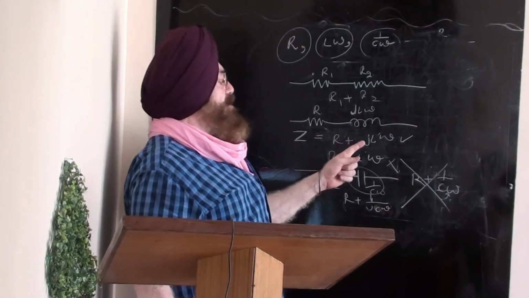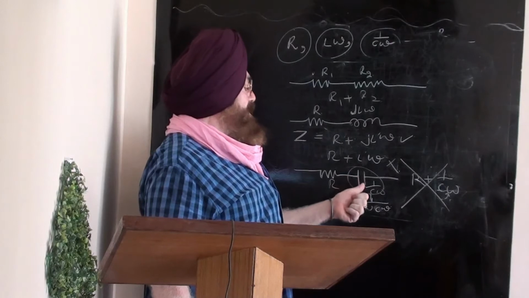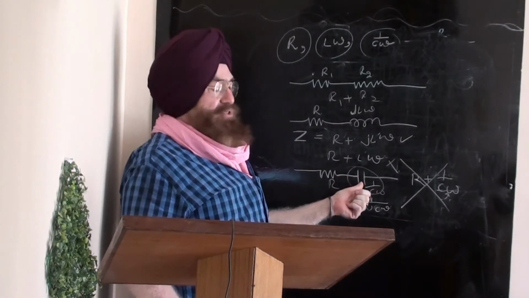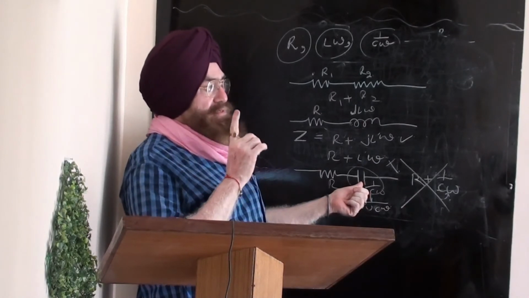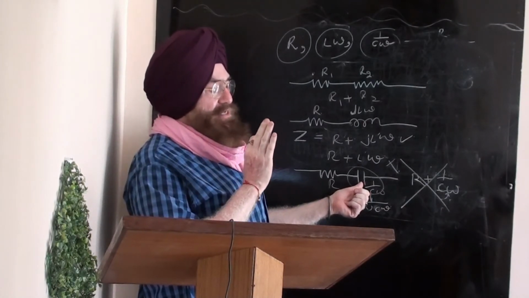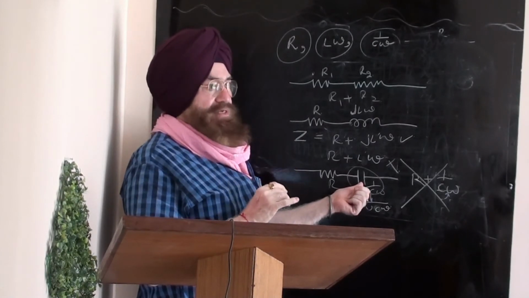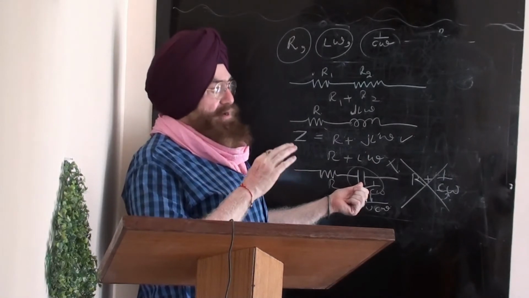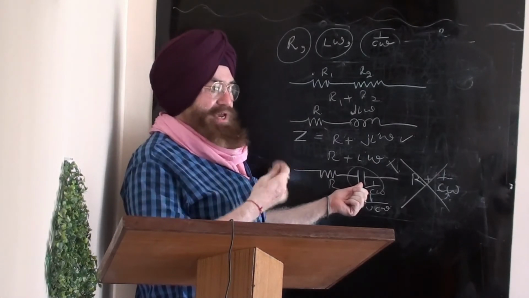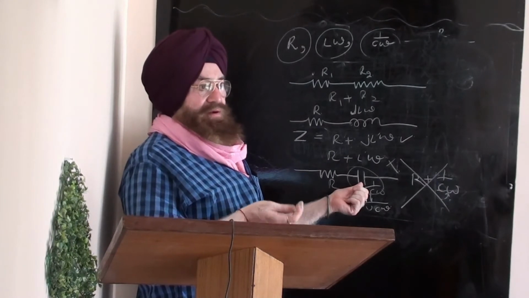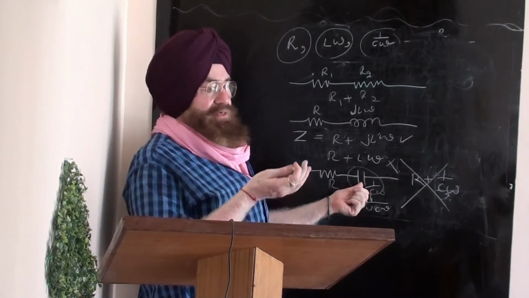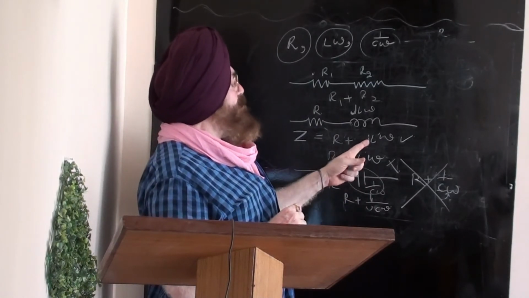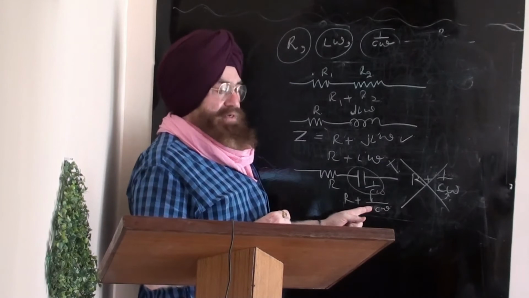Here J is in the numerator because it is also concerned with the phase. As you remember, the coil voltage was leading the resistance voltage by pi by 2, and the capacitor voltage was lagging behind the resistor voltage by pi by 2. So that's why J is in the numerator for the coil and J is in the denominator for the capacitor.